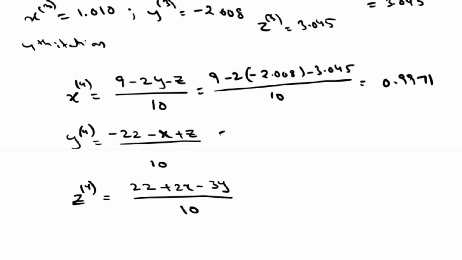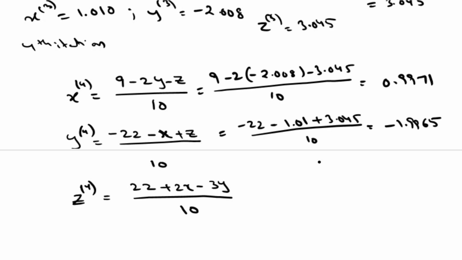Similarly, y4 is minus 22 minus 1.01 plus 3.045 by 10, which is equal to minus 1.9965. z is 22 plus 2 into 1.01 minus 3 into minus 2.008 divided by 10.